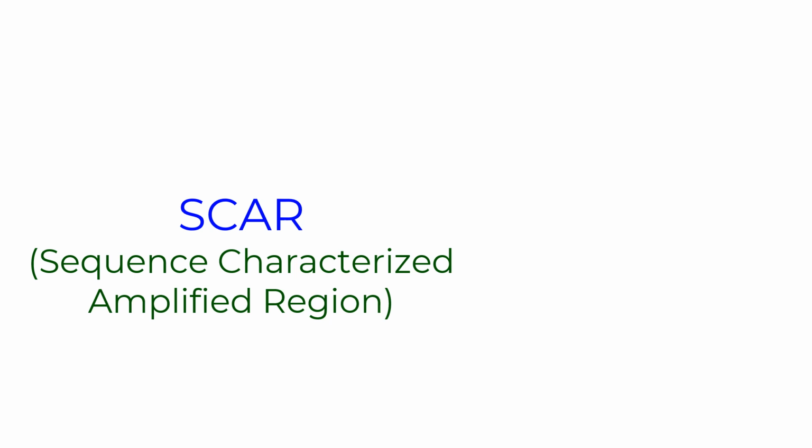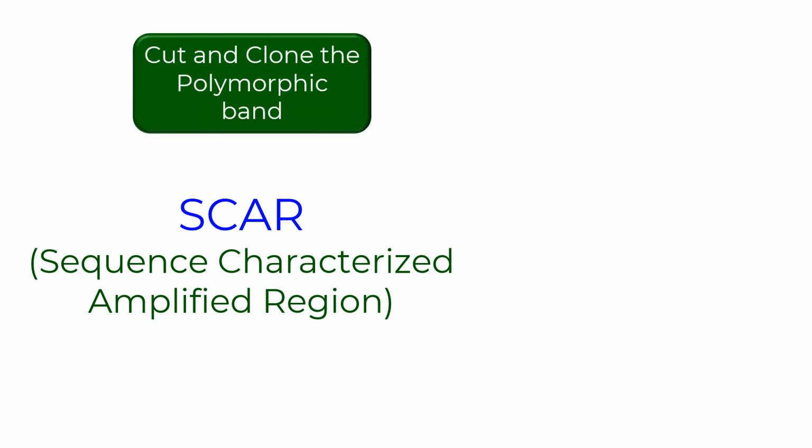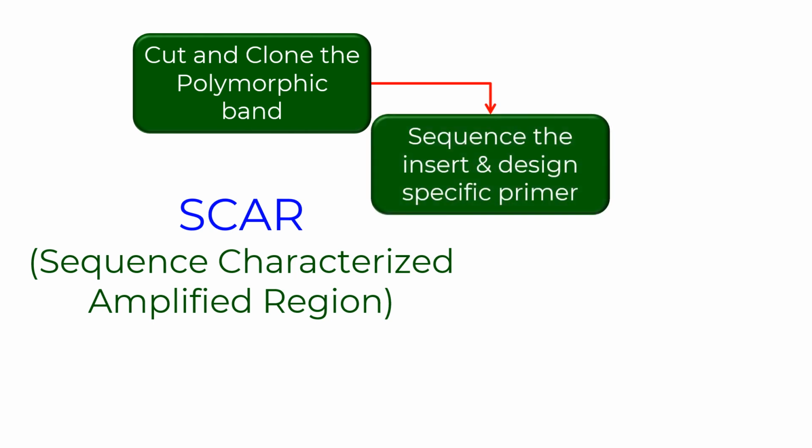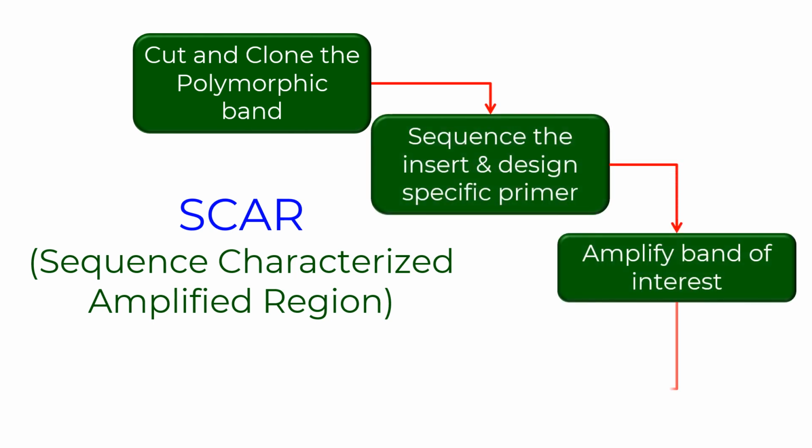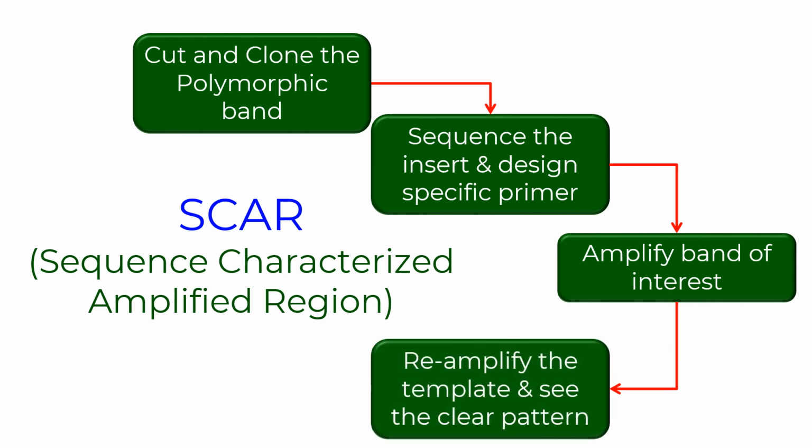Protocol: the protocol of SCAR includes cutting and cloning the polymorphic band, sequencing the insert and designing a specific primer, amplification of the band of interest, re-amplification of the template, and seeing the clear pattern.